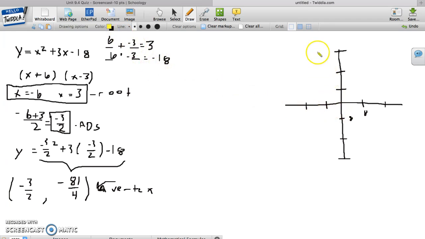So it goes here, and it goes down, and then it ends right about here. And then it goes up, up, up. And that is a very rough drawing of what this graph looks like. But there you go. That's our final equation.